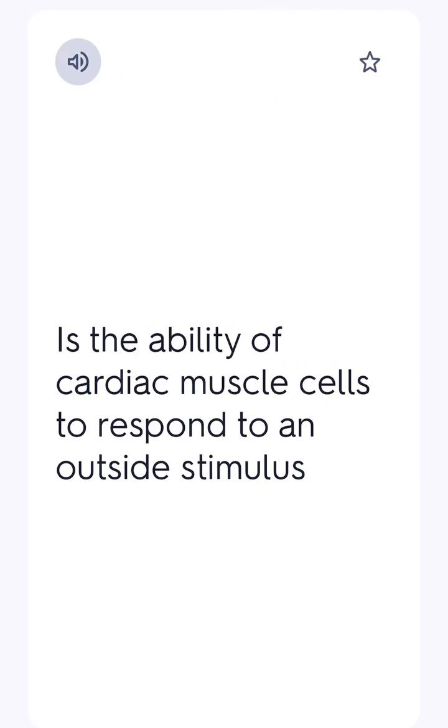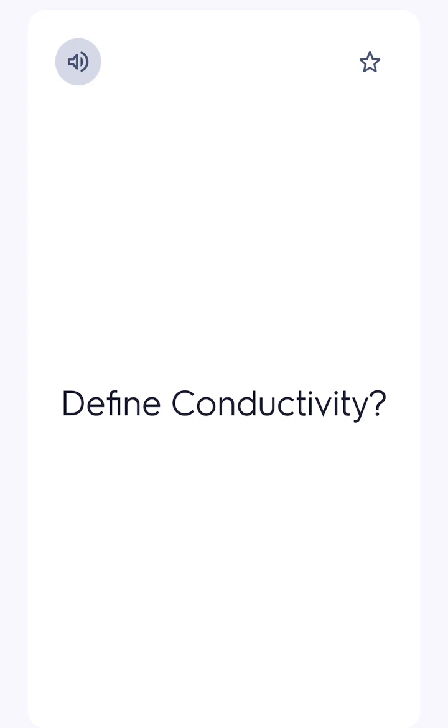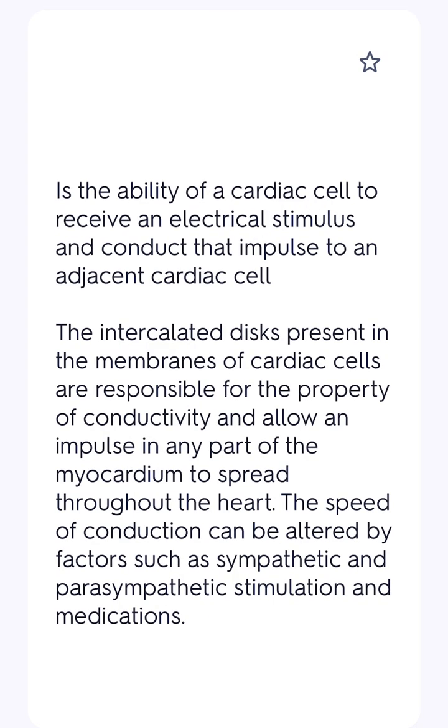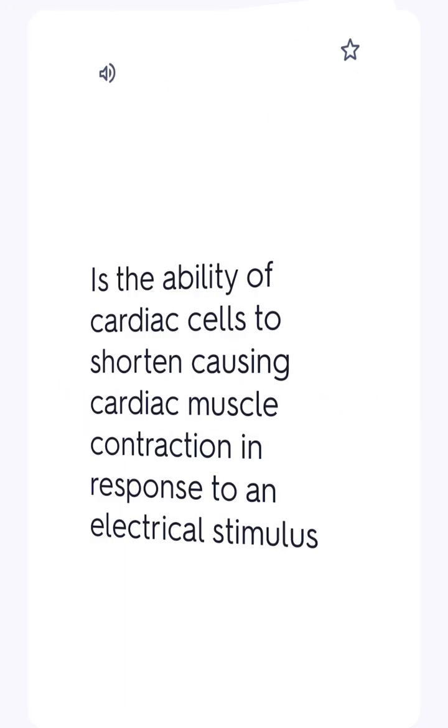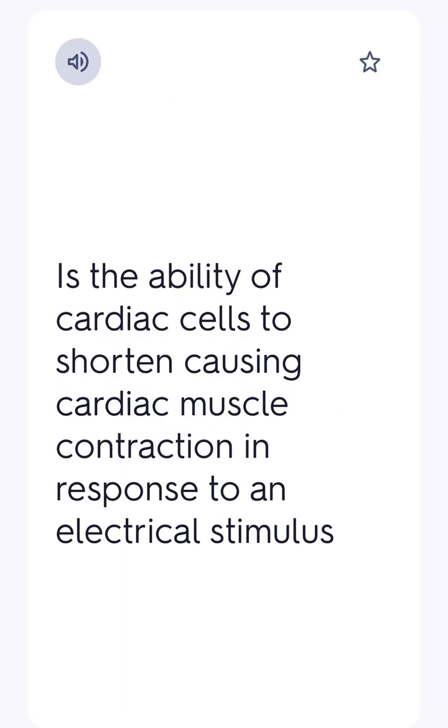Is the ability of cardiac muscle cells to respond to an outside stimulus. Define conductivity. Define contractility. Is the ability of cardiac cells to shorten, causing cardiac muscle contraction in response to an electrical stimulus.